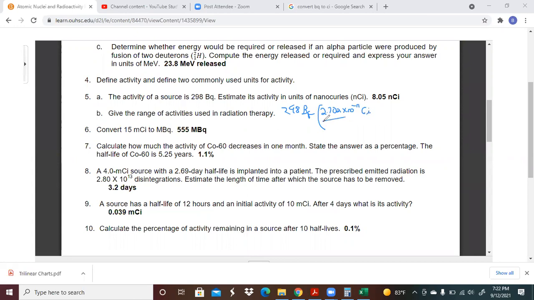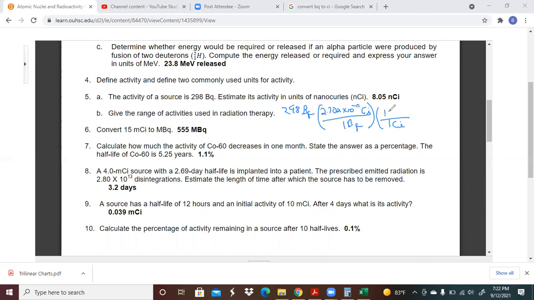So, curies over 1 becquerel. Now, we need to get the answer in nanocuries. So I know that 1 curie is going to be the same as, let's see, I believe a nanocurie is going to be times 10 to the 9th.